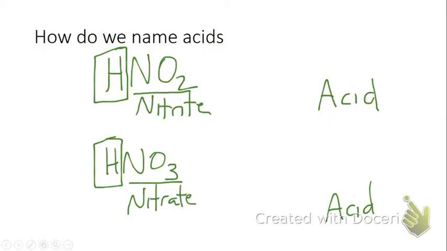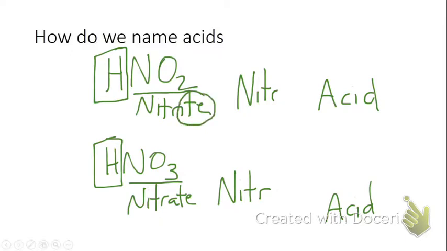So how are we going to name these? Well, just like everything else we named, we take the root. So there's the root of both of those. Both nitrate and nitrite have the same root. Then we look at the endings of each of these polyatomic ions.